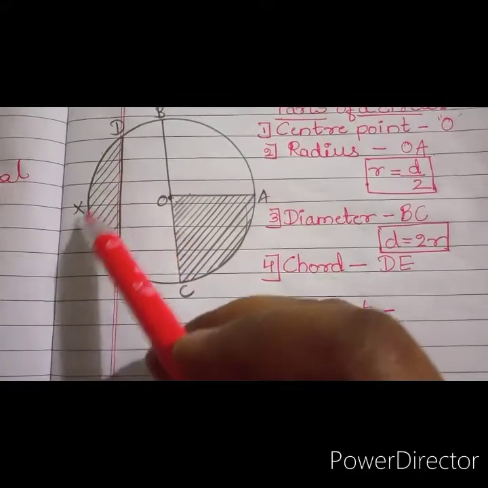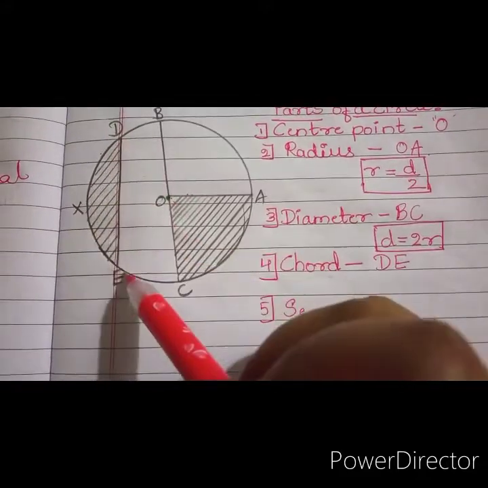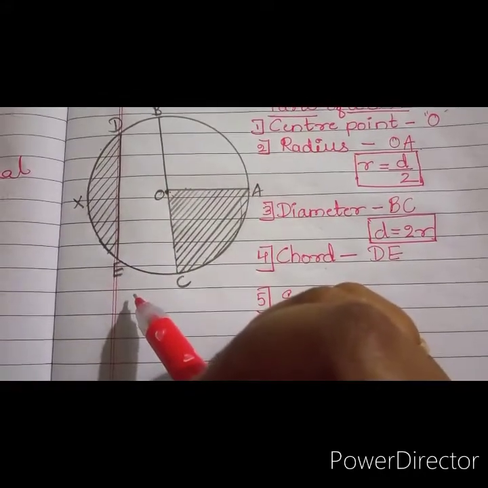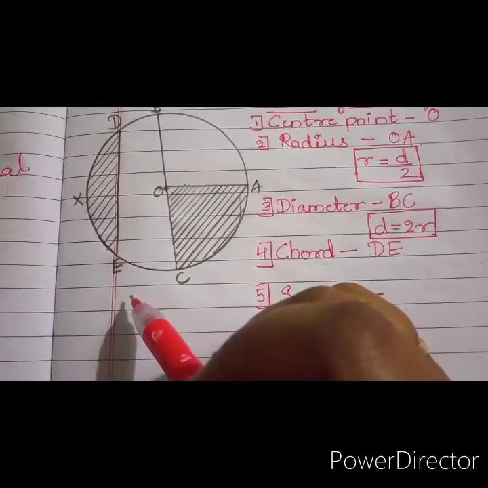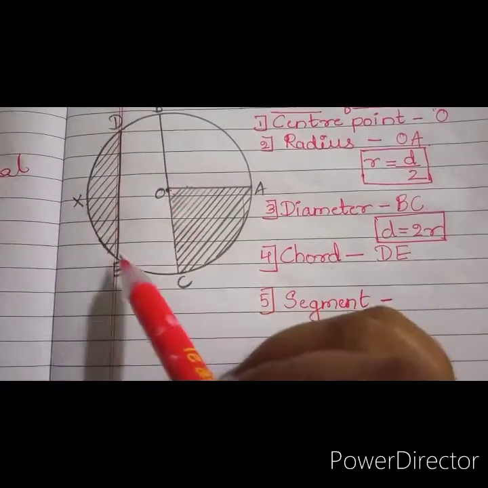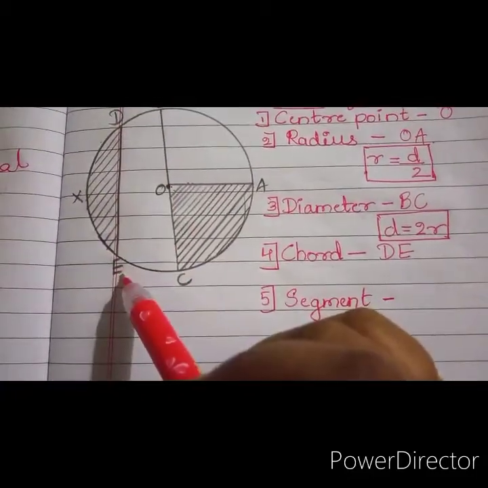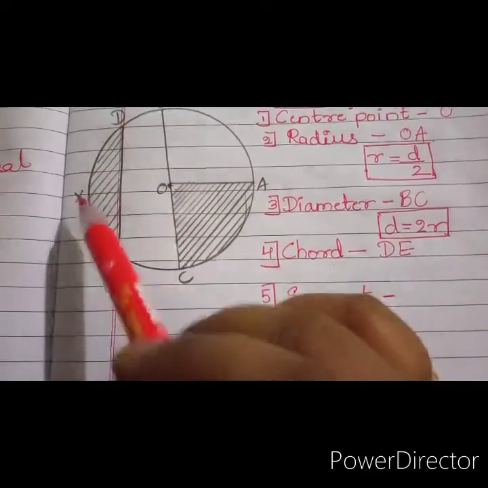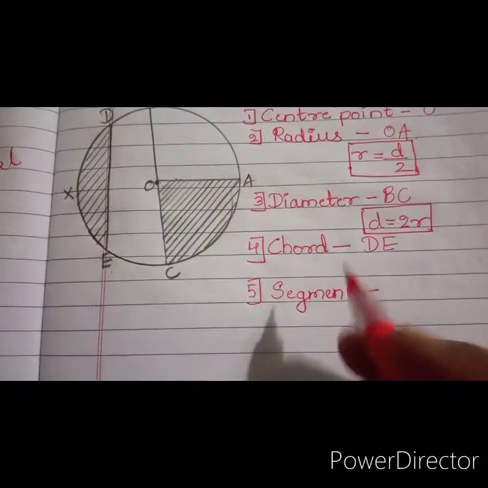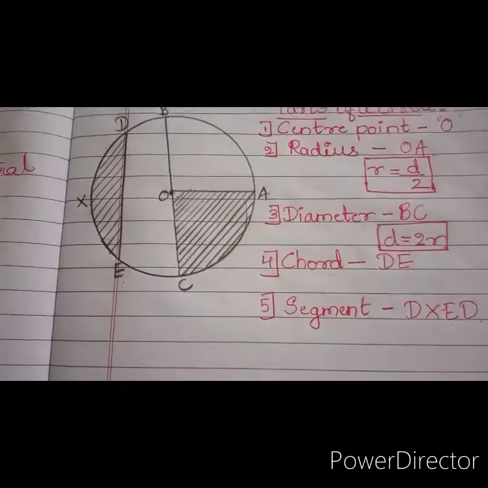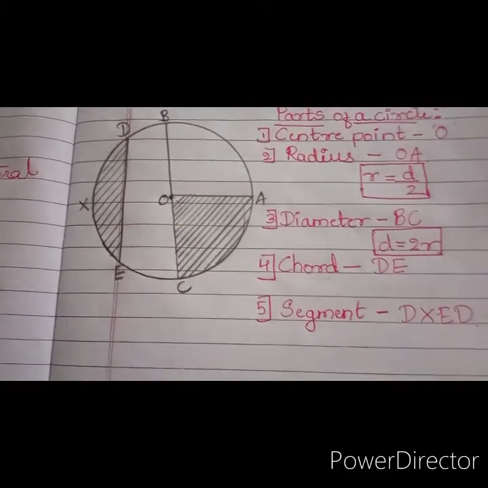The region enclosed by an arc and a chord of a circle is called a segment of the circle. So from the figure, DXED is called segment of the circle.